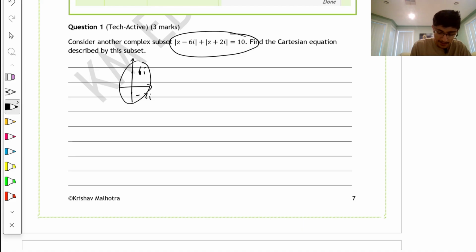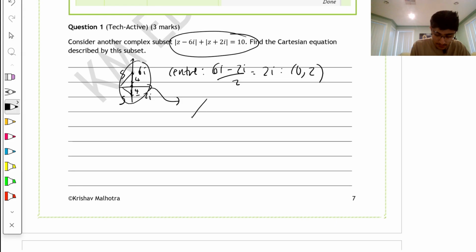And I'll say that, okay, the center is the midpoint of the two foci. So 6i minus 2i divided by 2 is just 2i, which is 0, 2. I could then draw out my two identical triangles. So 10, I half that, I just get 5, 5. And I know the distance to the center is 4 and another 4.